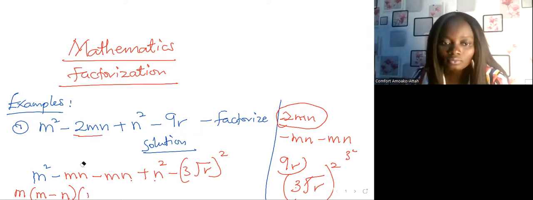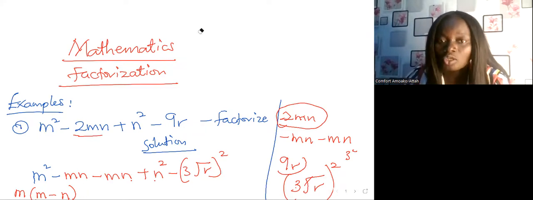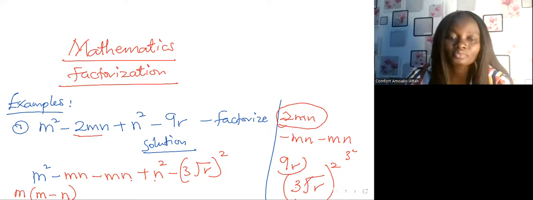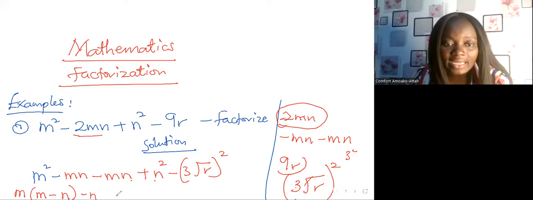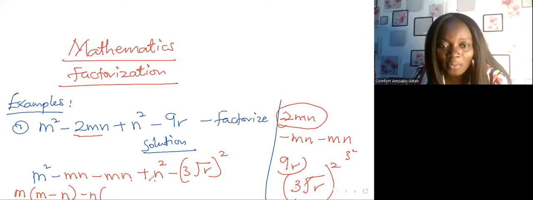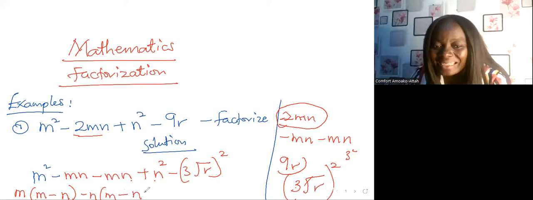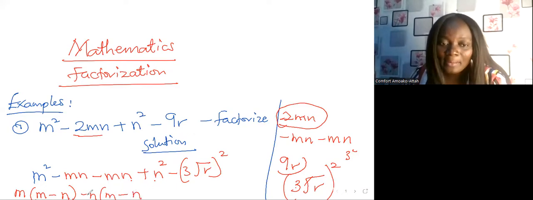So for that one too, I'll bring out minus n. When you take n from here, what is left? m. Then minus n. This is positive, but because there's a negative out, it means this place got negative.